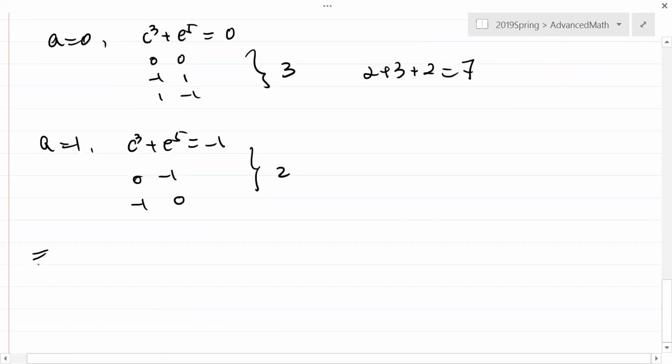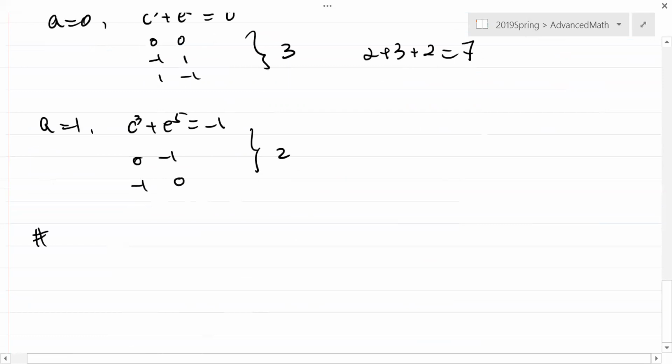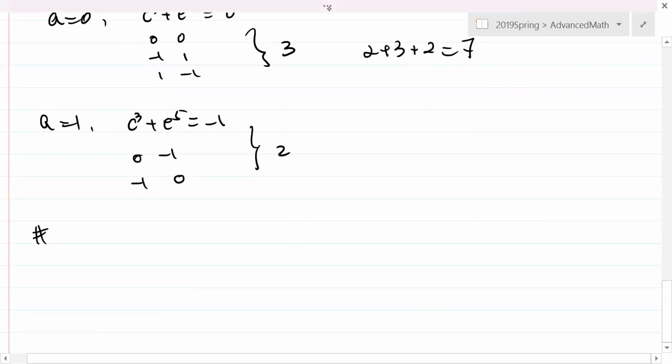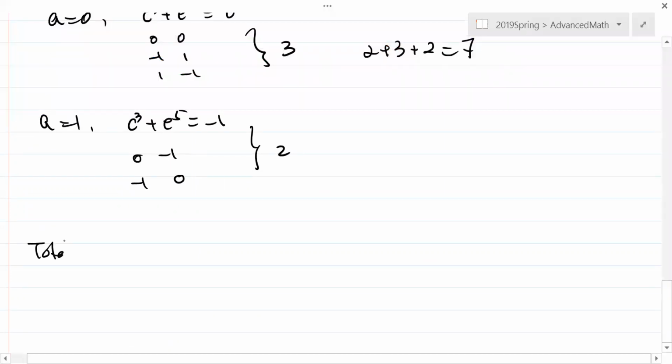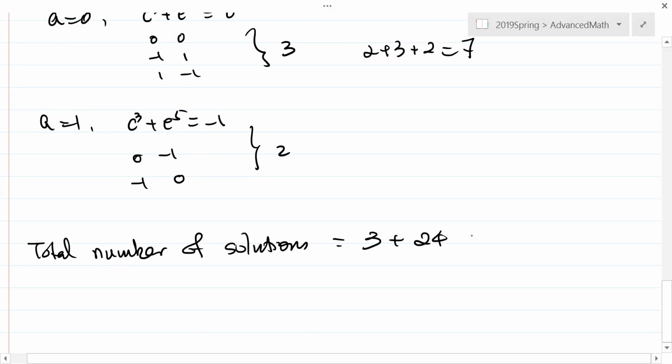The total number of solutions is going to be 3 plus 24 plus 28. Okay, so total is 55. There are 55 solutions. So that is the number on the answer key.